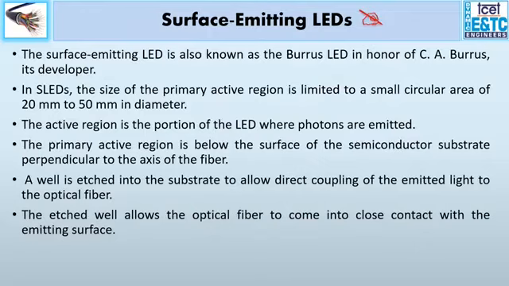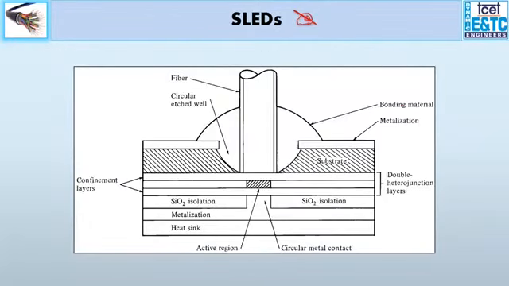Yeah, as I was talking about surface LEDs, that configuration which I showed you is called Burrus. This is the one which I was talking about, where you have a structure, and you have an etched area where you insert the fiber so that maximum light can be coupled inside the fiber.